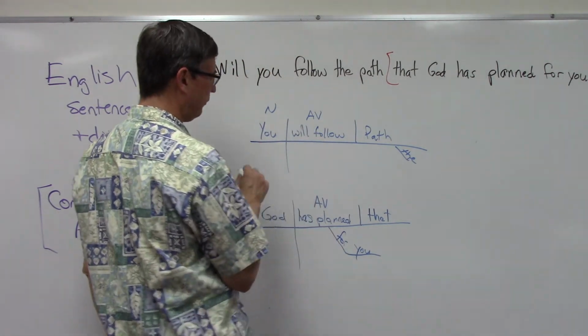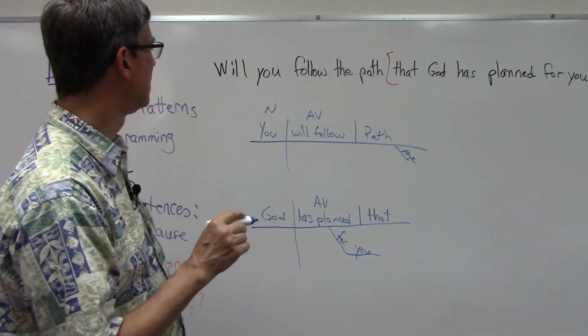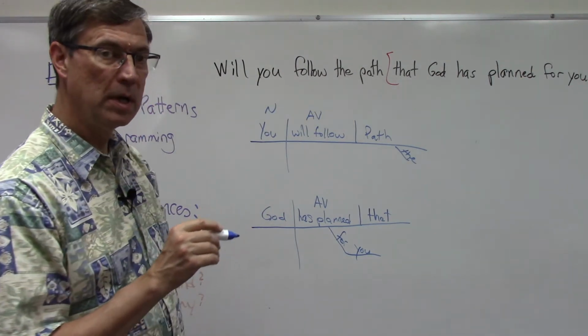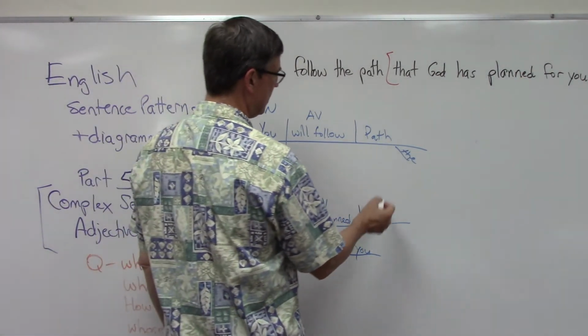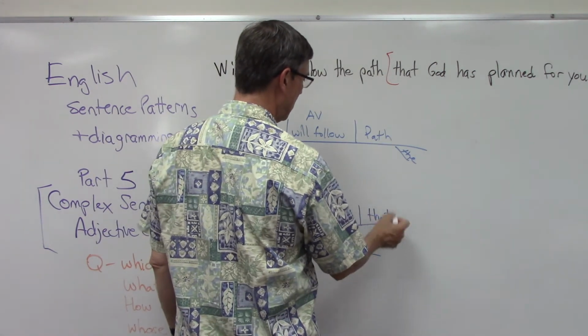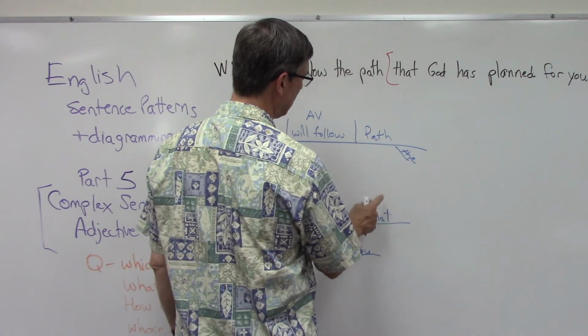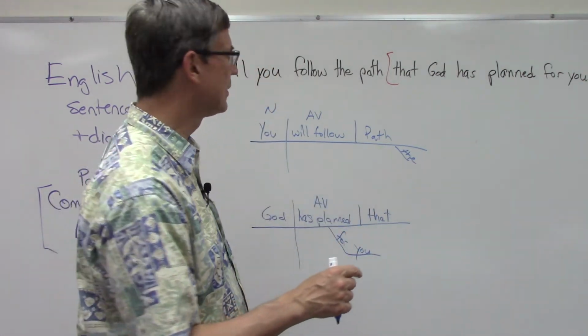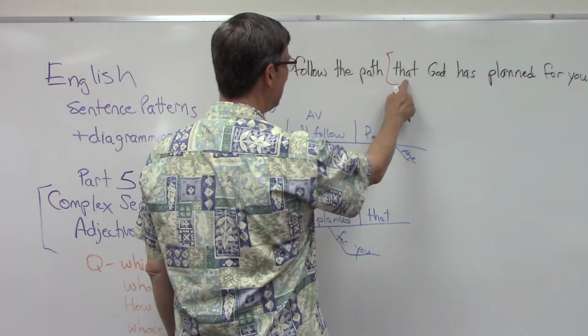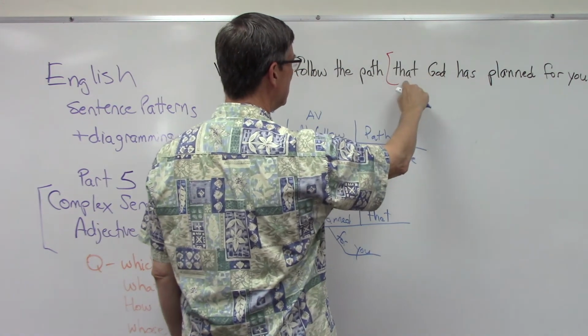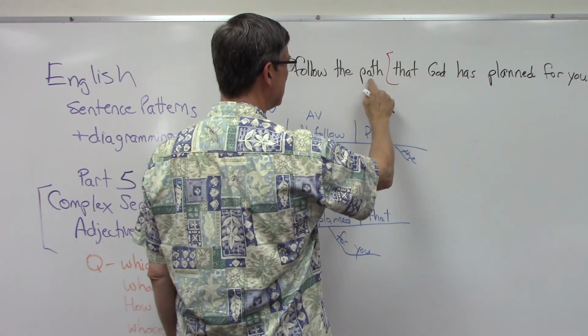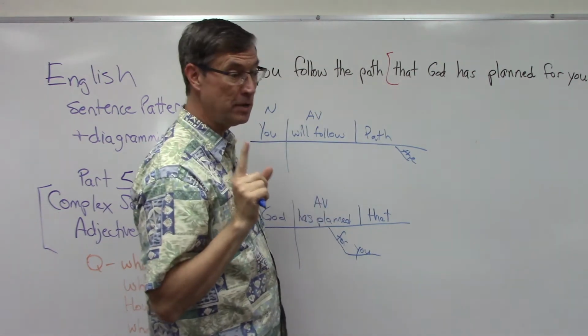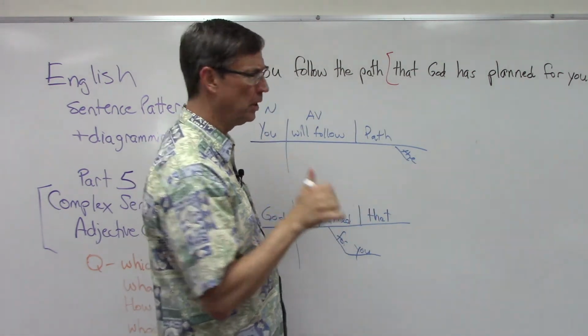Now, what we do is we take the word that is subjective, whatever it is, this word that's tying this whole clause in, because this is the word that's connecting to this noun and makes it the adjective clause, subordinating conjunction. There we go.